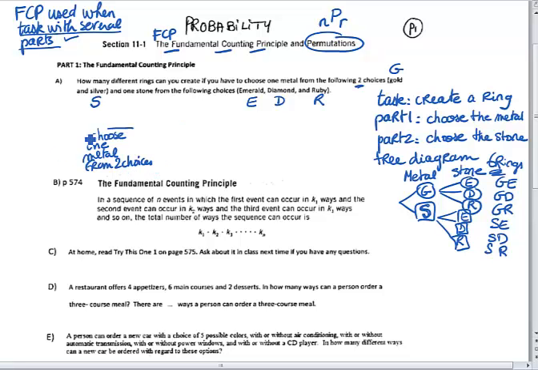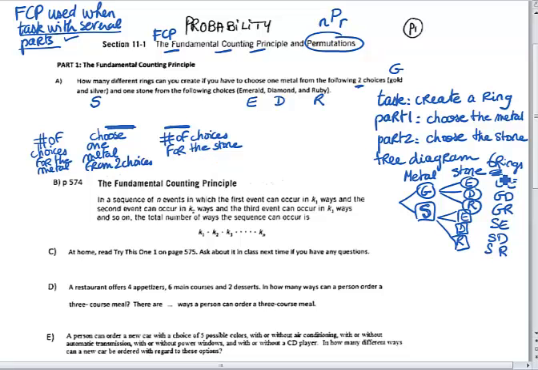So that's really here I'm going to say that this is the number of choices for the metal. That's one way to look at it. So that's my little spot for that. Now next to that, we're going to put here the number of choices for the second part of the task, which is choosing the stone. So the number of choices for the stone.